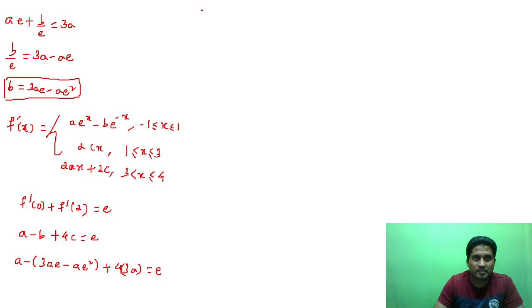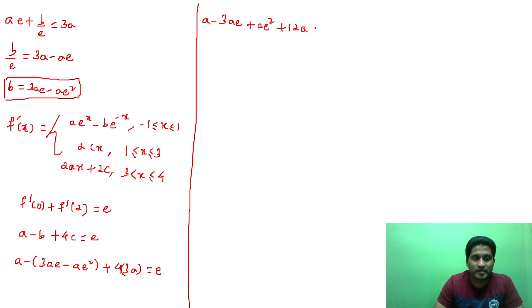If I multiply, this becomes A minus 3Ae plus Ae square plus 12A is equal to e. So you get 13A minus 3Ae plus Ae square is equal to e.